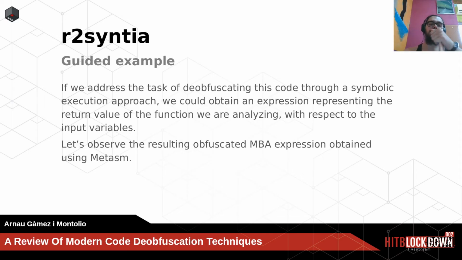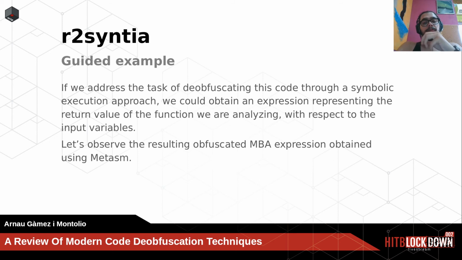Okay. So if we want to address the task of deobfuscating such code through, for example, a symbolic execution approach, what we will obtain would be an expression that represents the return value, in this case, what will be in the register EAX at the end of this snippet of code, the call to target function.